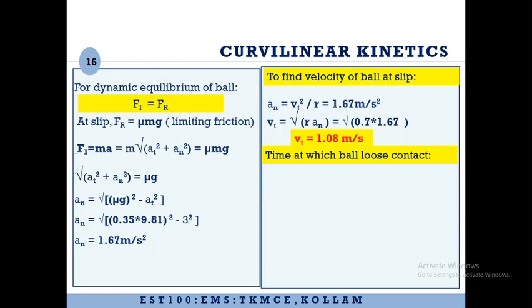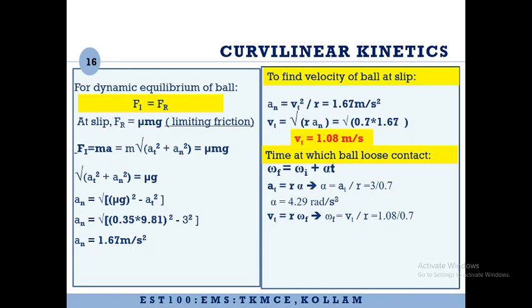Next we need to find the time at which the ball loses contact. For that we need to apply this equation: omega f is equal to omega i plus alpha t. Omega i is equal to 0. Now at is equal to r into alpha. At is given in the question, therefore alpha can be found out, that is 4.29 radian per second square.